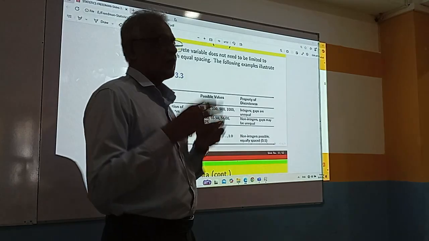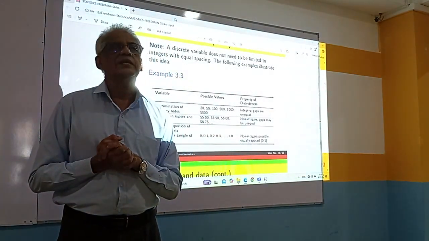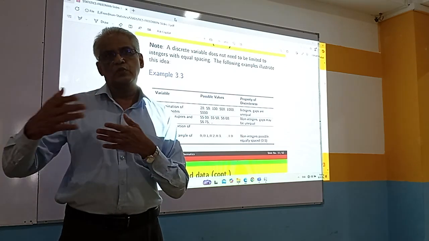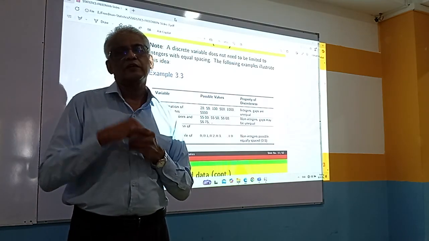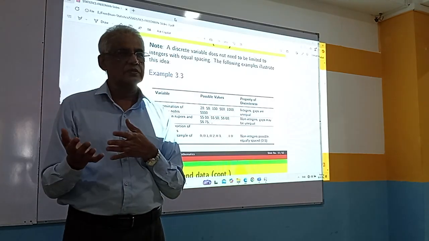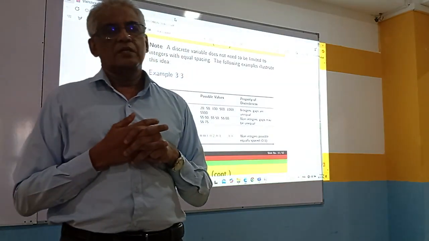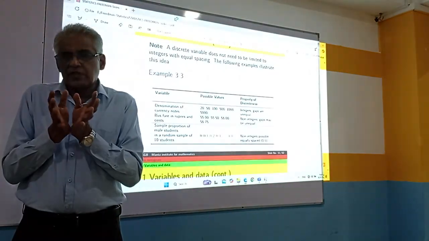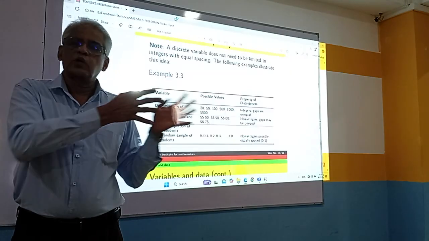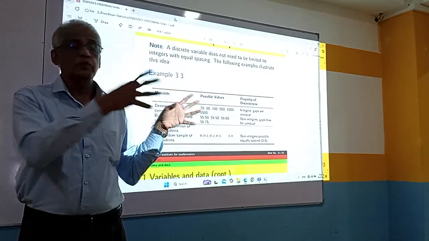So these are important distinctions. The classification is important mainly because when you go to analyze data, the available techniques for analyzing data depend on the type of data. The methods that you use to analyze quantitative data are not the same as the methods you use to analyze qualitative and nominal data.